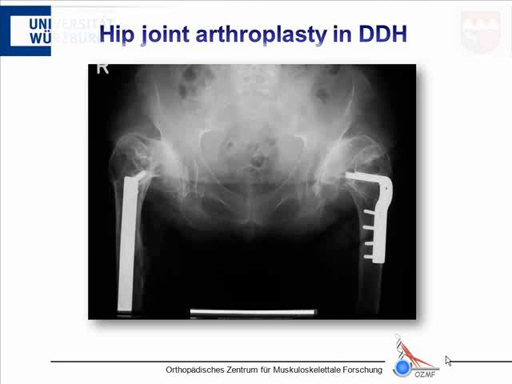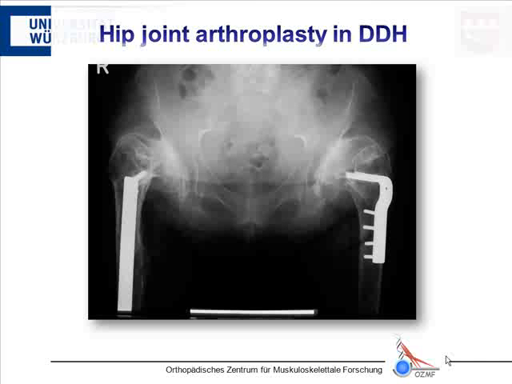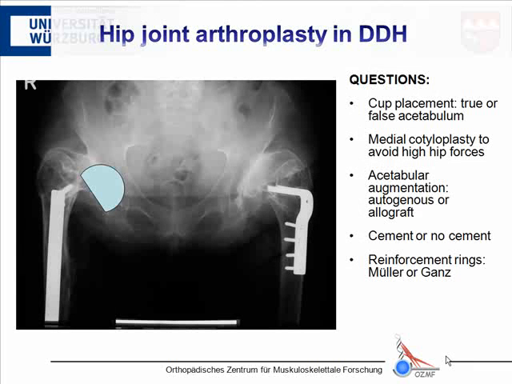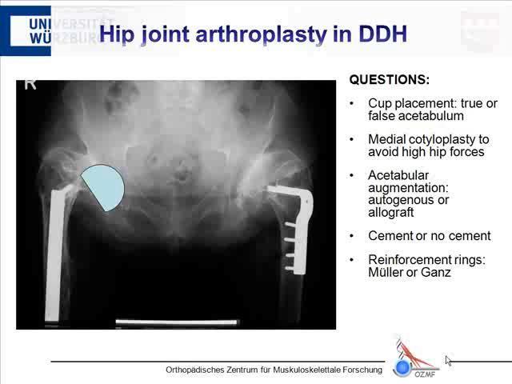Now, this is a clinical picture of the CDH on both sides, and now you have to think about the options that we have. The options are to put the cup at the regular area, or to put it at the area where it was due to the CDH problem.